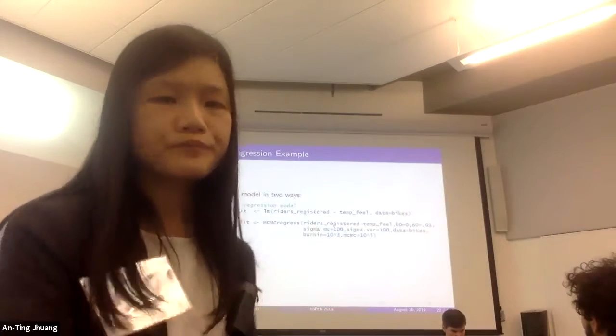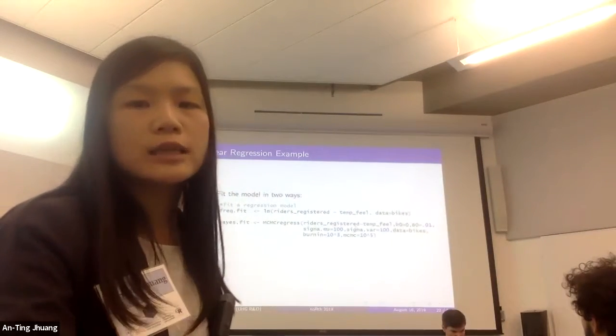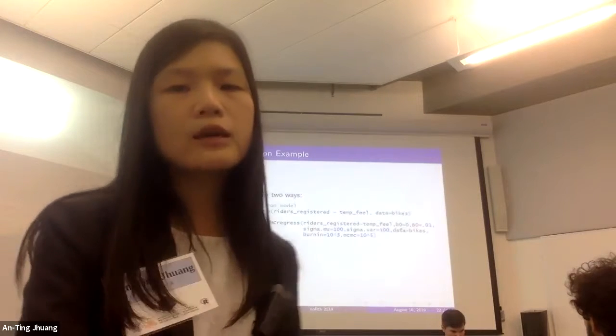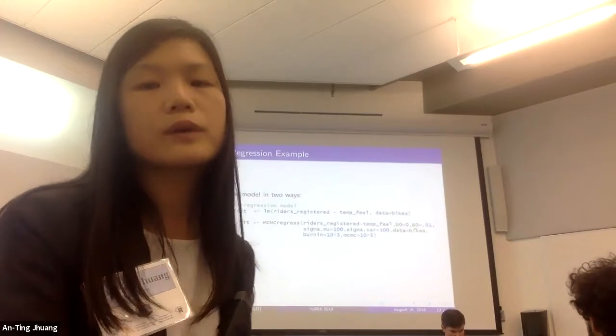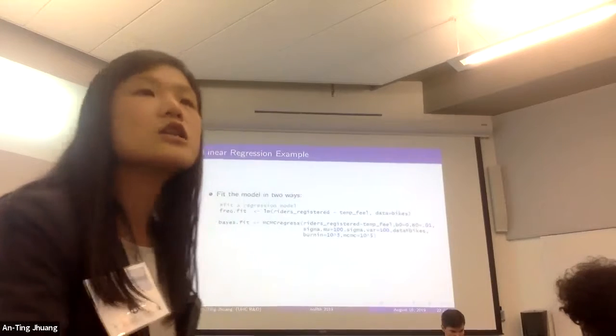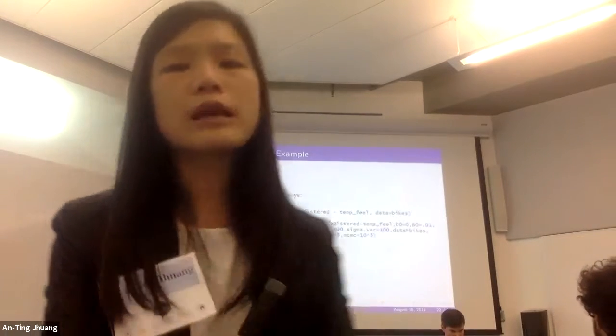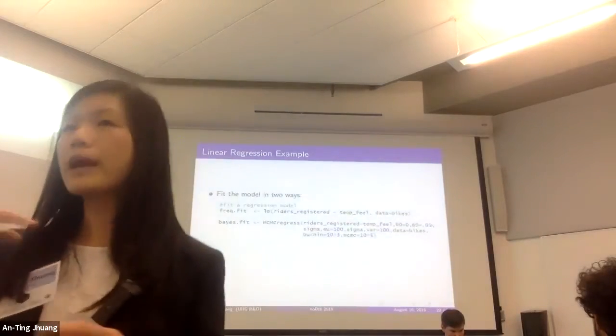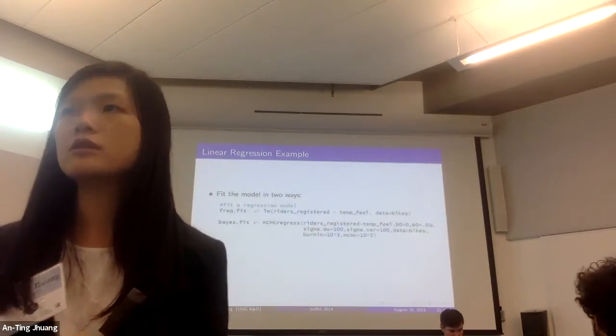Okay, so I'll explain what I did for this function. For the model specification, it's still the same as the lm function. And here the little b0 and the big B0 are the initial value setting for your beta, your regression coefficient.